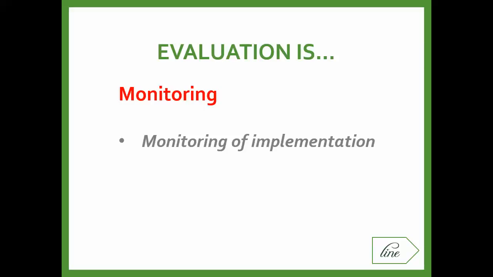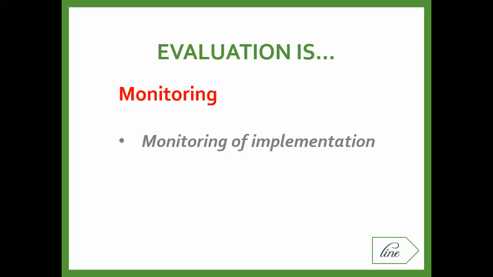For example, if you have a program that's going to last for 10 weeks, there must be some way to check against certain milestones along the way. Throughout the 10 weeks, there should be at least 2 or 3 milestones to help you monitor the implementation, to know what's working, what's not working, and if there is a need to come up with some intervention strategy in the interim. So that's the monitoring of implementation.